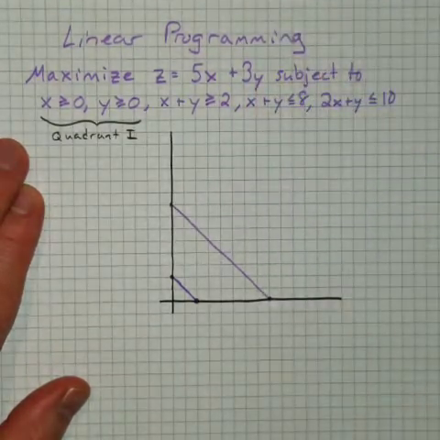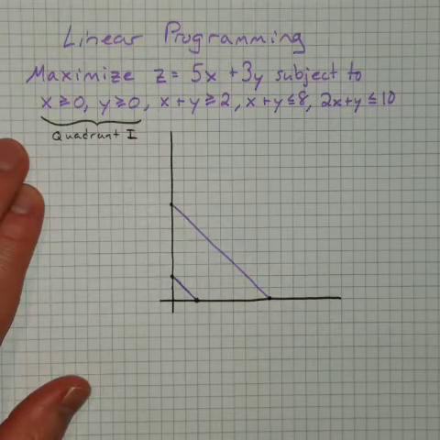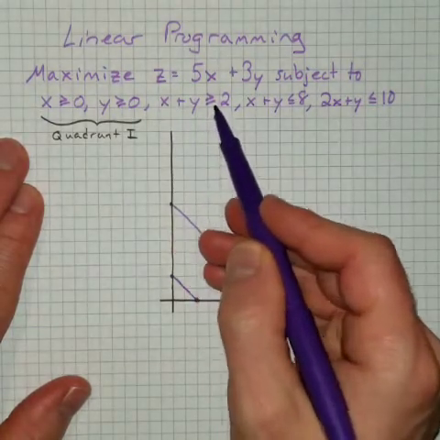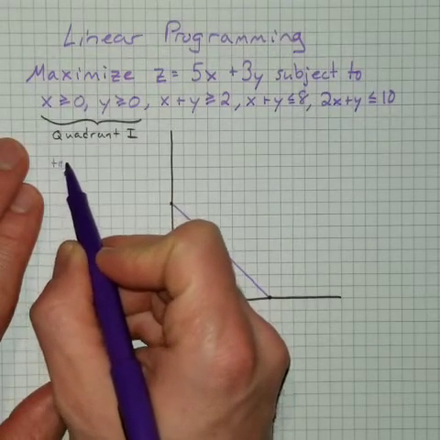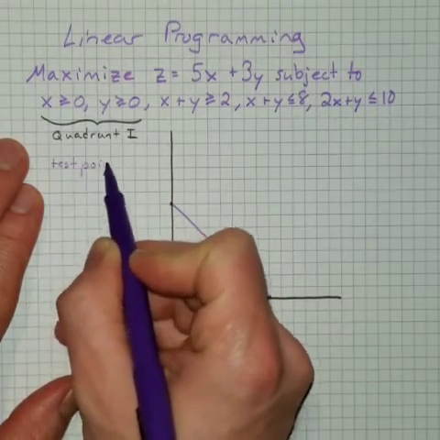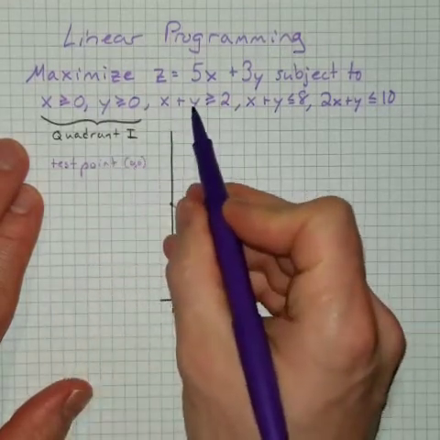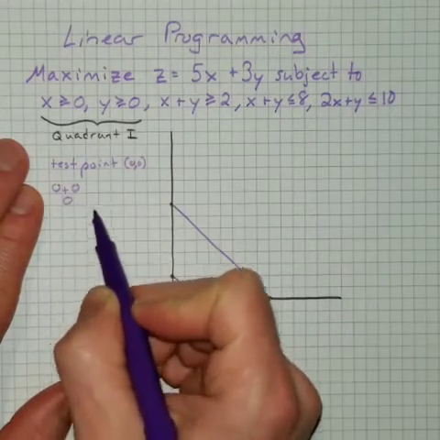Alright, then I should probably shade each of these inequalities as we go, at least get the idea of where the shading is going to need to go. So with the x plus y greater than or equal to 2, I'll go back to that one. I'm going to do a test point of 0, 0. If you plug in 0, 0, 0 plus 0, you get 0.